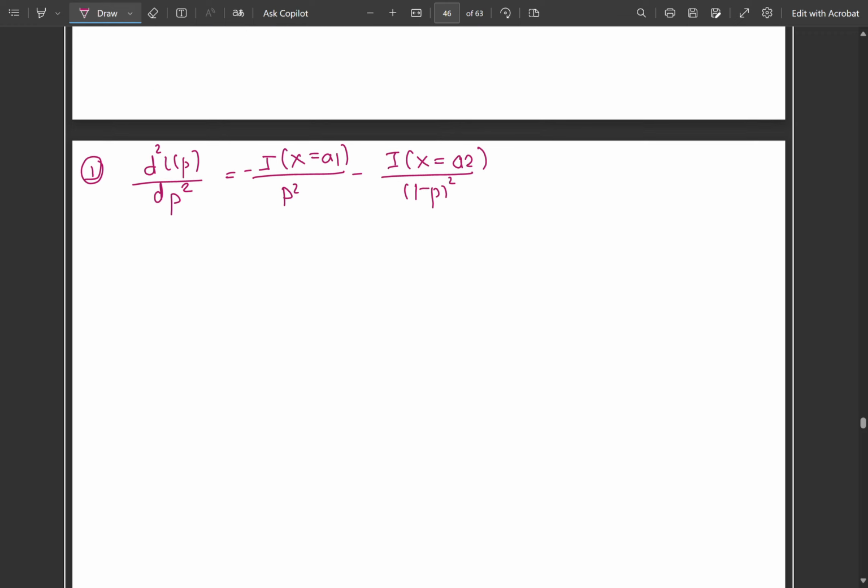So this is what the second derivative of this expression looks like.